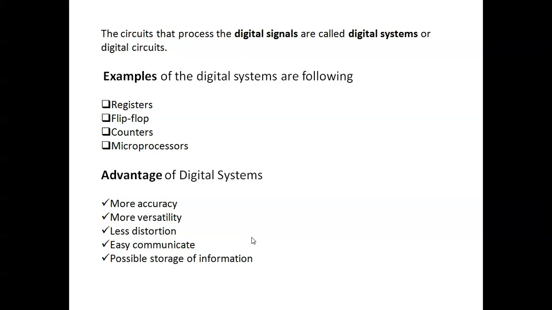Examples of digital systems: registers, flip-flops, counters, microprocessors. The advantages of the digital system compared to analog: more accuracy, more versatility, less distortion, easy to communicate, and possible to store information.